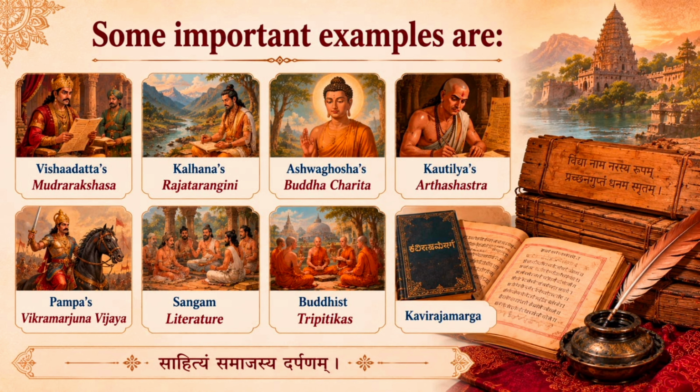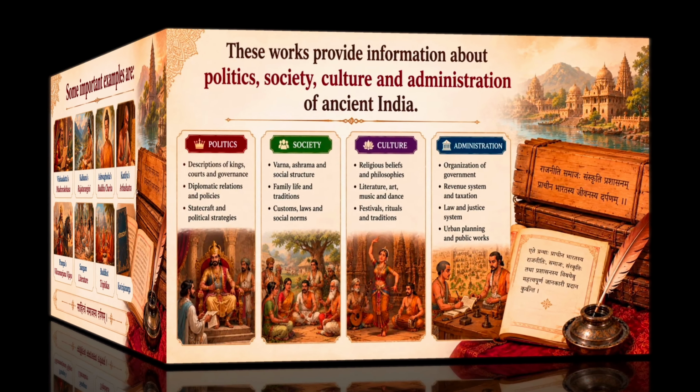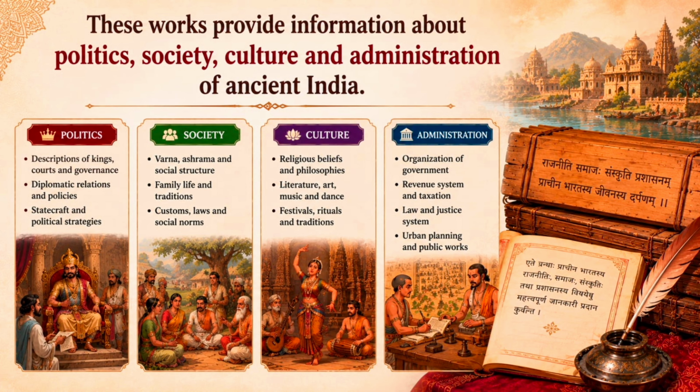Some important examples are Vishakhadatta's Mudrarakshasa, Kalhana's Rajatarangini, Ashvaghosha's Buddhacharita, Kautilya's Arthashastra, Pampa's Vikramarjuna Vijaya, Sangam literature, Buddhist Tripitakas, Kavirajamarga. These works provide information about politics, society, culture and administration of ancient India.